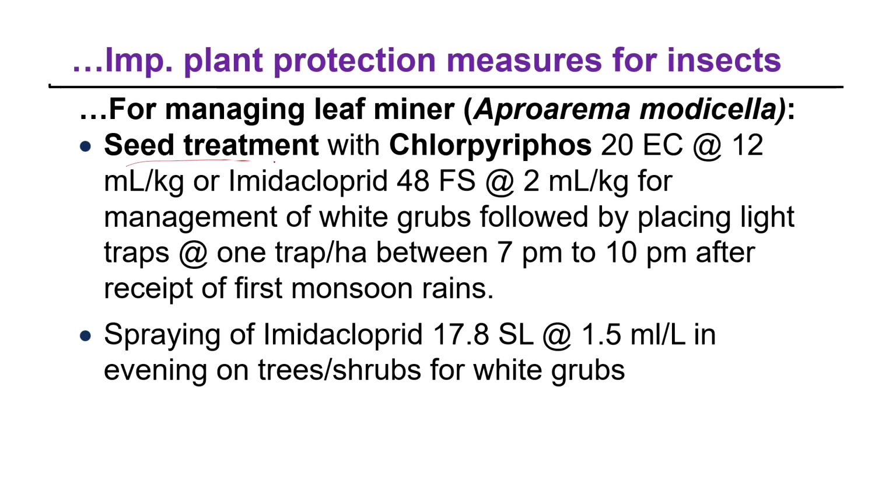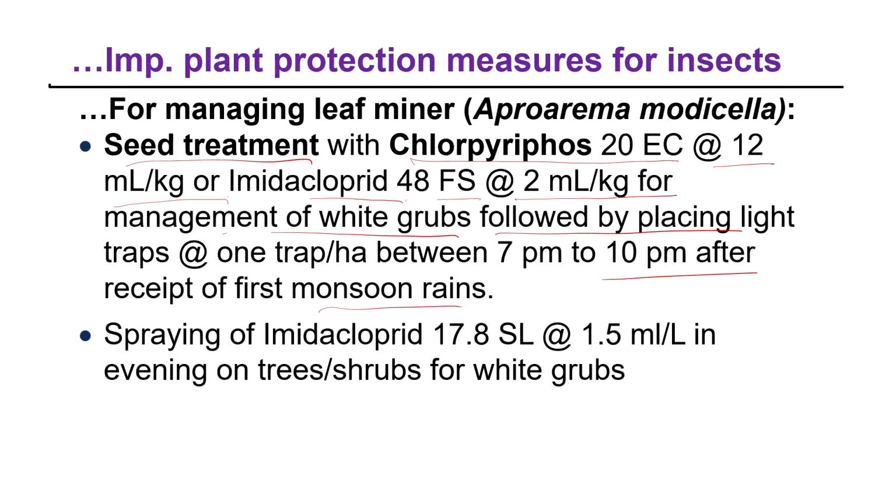Seed treatment with chlorpyrifos 20 EC at the rate of 12 ml per kg seed, or if it is not available, we can take imidacloprid 48 FS at the rate of 2 ml per kg for management of white grubs, followed by placing light traps at the rate of 1 trap per hectare between 7 pm to 10 pm after receipt of first monsoon rains.